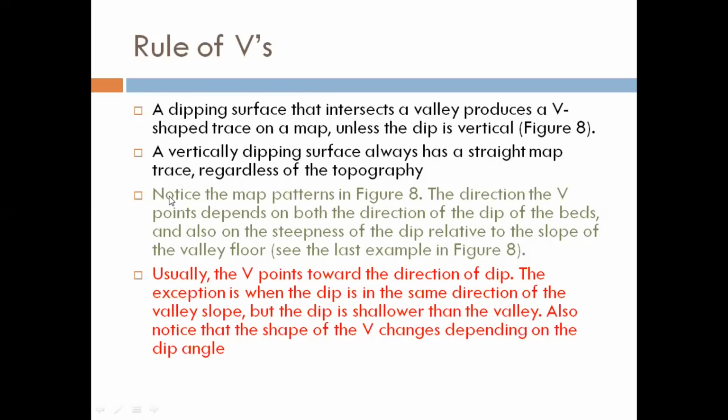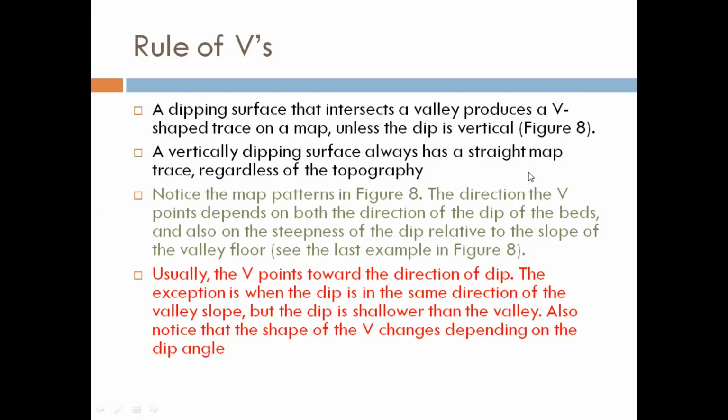Then we have some map patterns. The geologists, the geomorphologists, and structural geologists developed a series of map patterns, and these map patterns are very useful to tell you the details about the steepness of the dip relative to the slope, and whether the beds are dipping upstream or downstream.